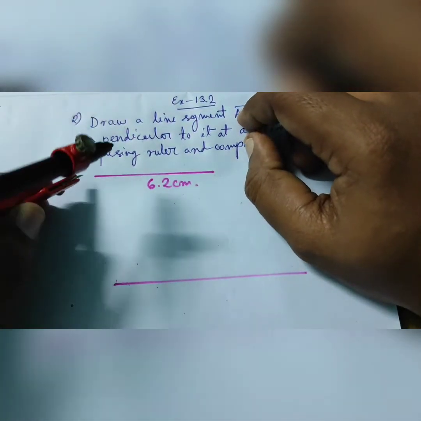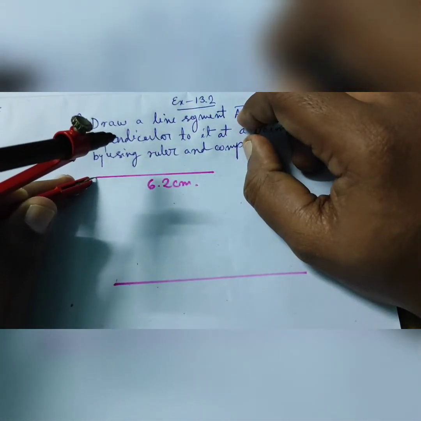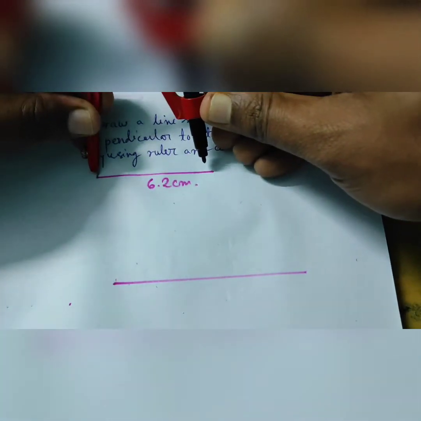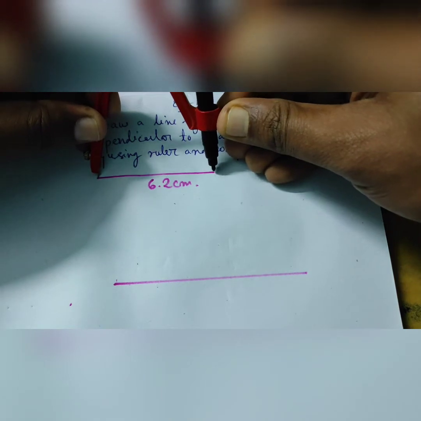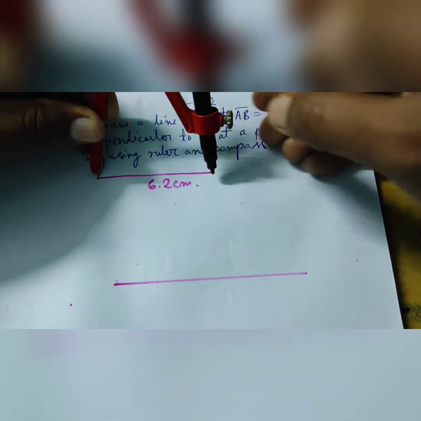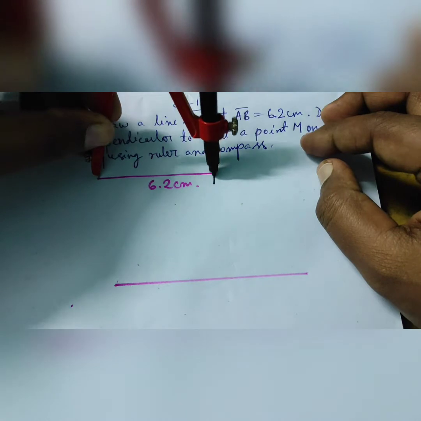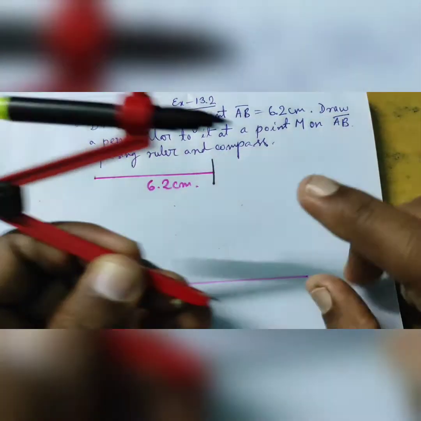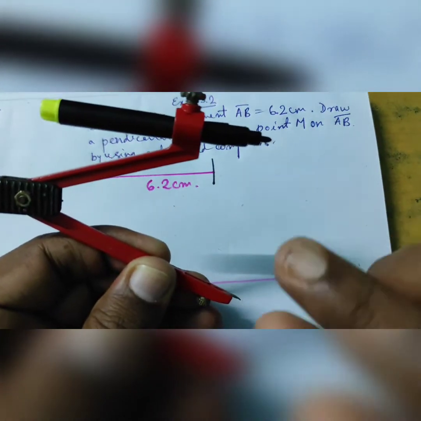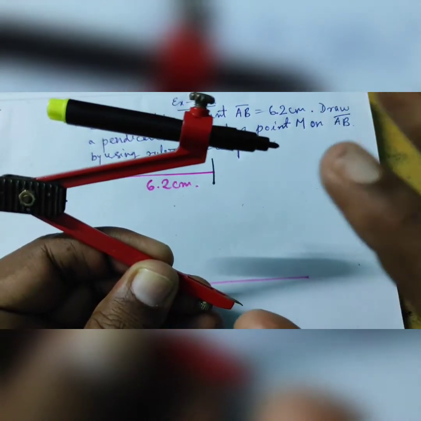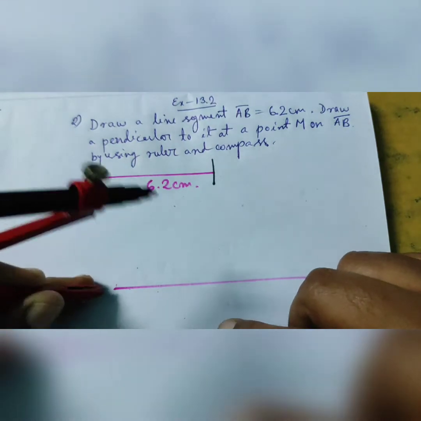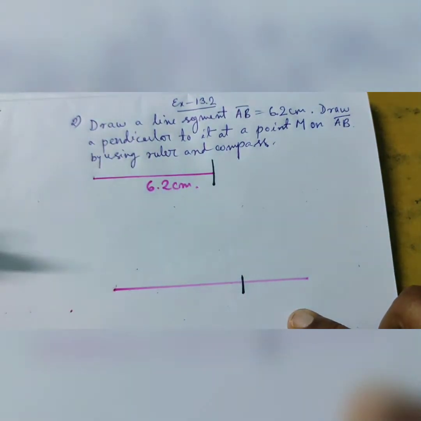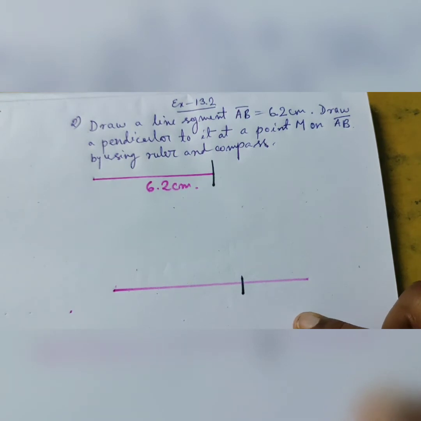For taking the measurement, we will put the needle here and extend the pencil arm of the compass to the other end point of 6.2 centimeter and give a small arc. Once you have taken this measurement, please do not disturb this gap. Using this gap, let us put the needle over here and cut the line segment just drawn.